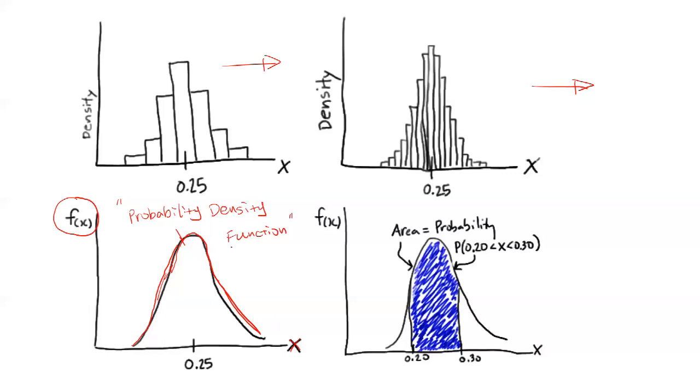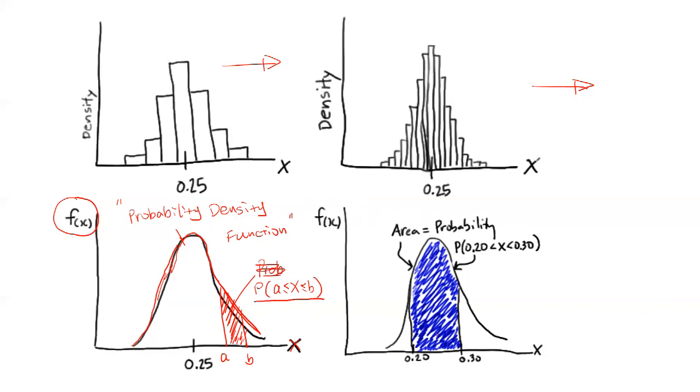The area between any two values, for example a and b, denotes the probability of x falling in this interval. This is the meaning of the probability density function.